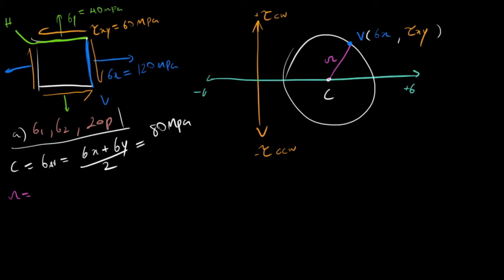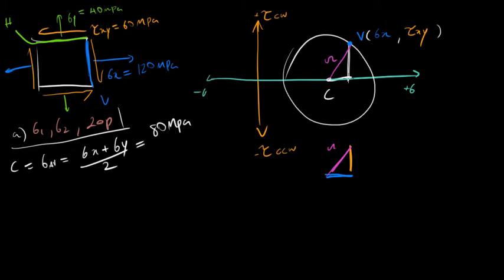Right? So for the radius, how do we find the radius for this one? Well, let's find it. We have here a right triangle. We have the x component, the y component, and then the radius, which is what we were trying to find.